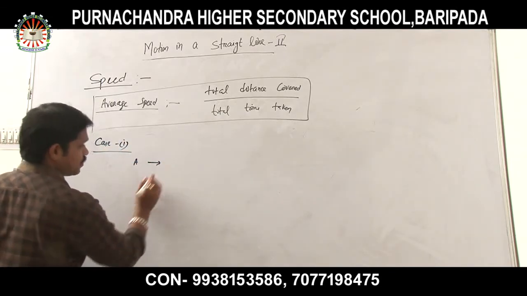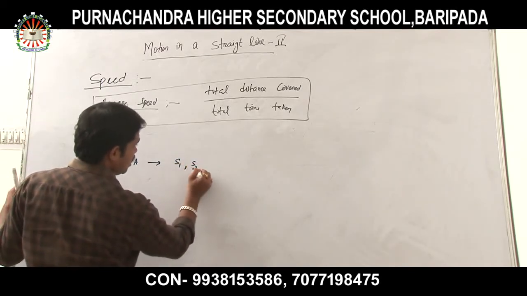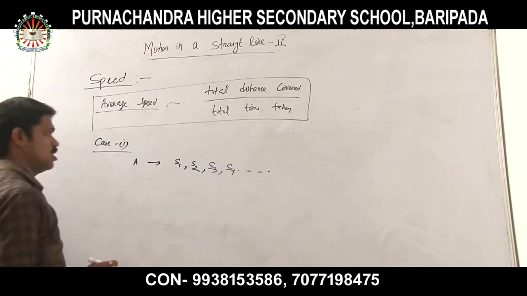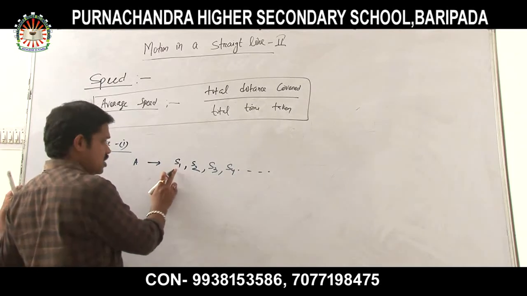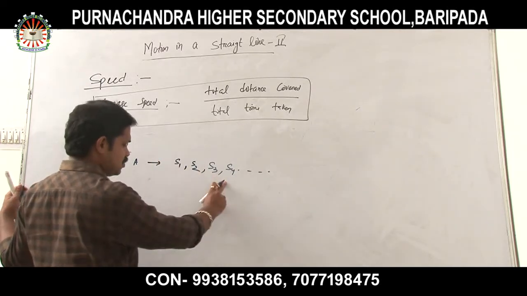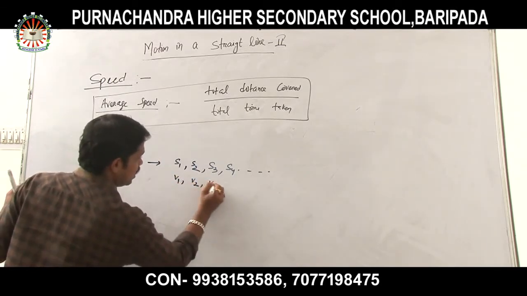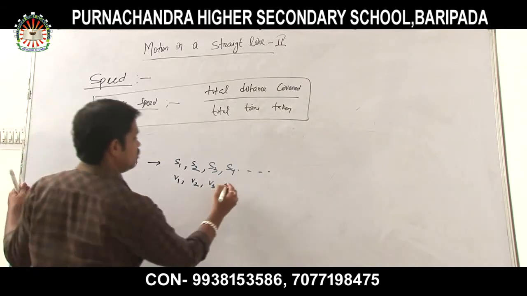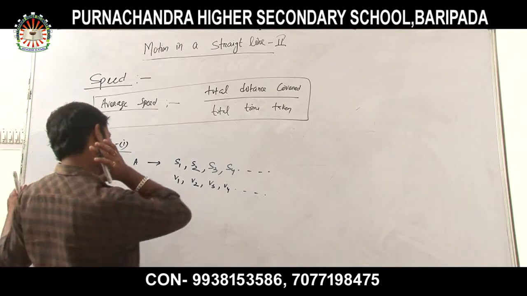Suppose an object A travels distances S1, S2, S3, S4 with velocities V1, V2, V3, V4 respectively.